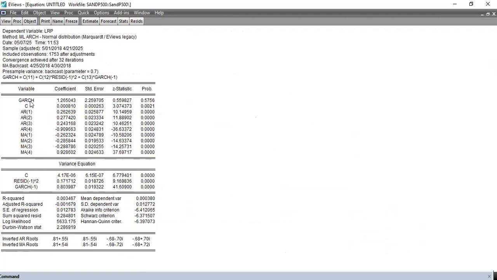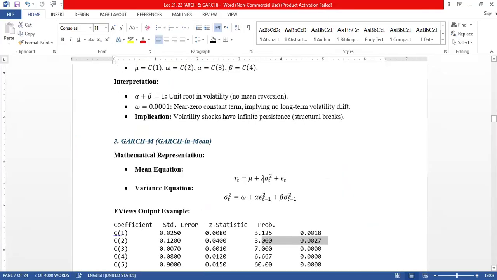The GARCH term is now in the mean equation. This is your lambda. Apart from the mean, this mu means what? That AR 1, 2, 3, 4, MA 1, 2, 3, 4, plus the variance.